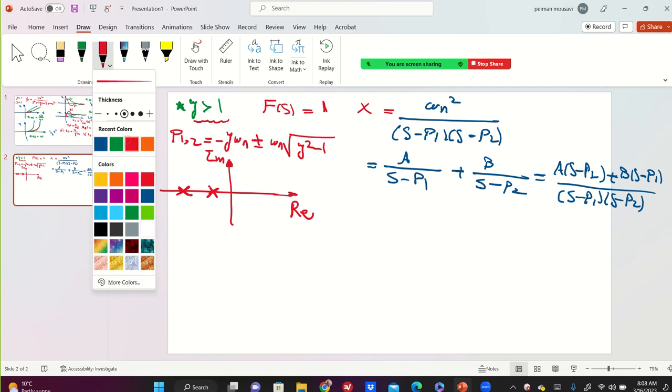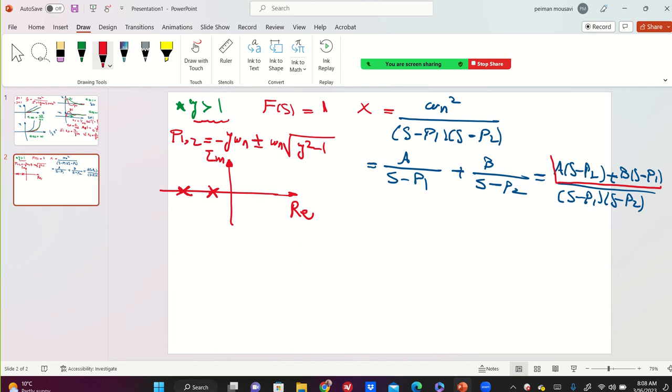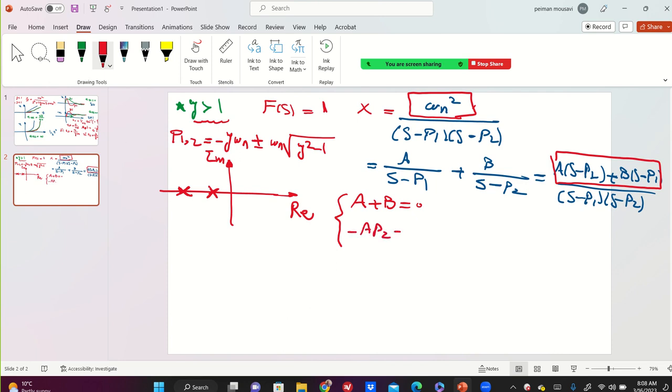From here, because I have done this many times in this class, this is equal to omega n squared. You can simply get that the coefficient of s is 0 because we have no s in the numerator here, and minus A p2 minus B p1 is equal to omega n squared.